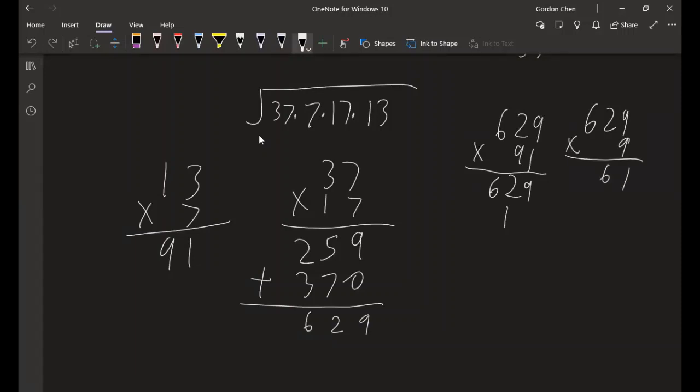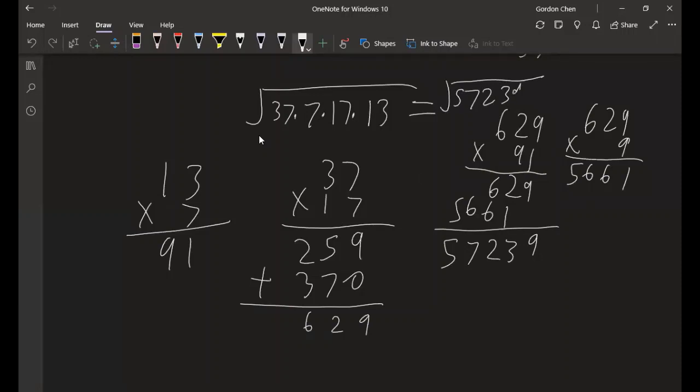So this is equivalent to the square root of 57239.